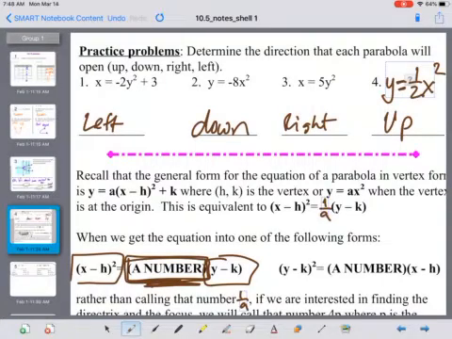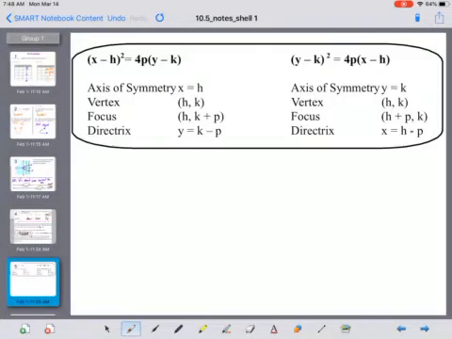It's going to help us find some key parts of our parabola. So you're going to want to get our equations in this form. And we're going to set this number that we get out in front equal to 4p. And then when we solve for p, we can plug it in and find the focus and the directrix on our graph.